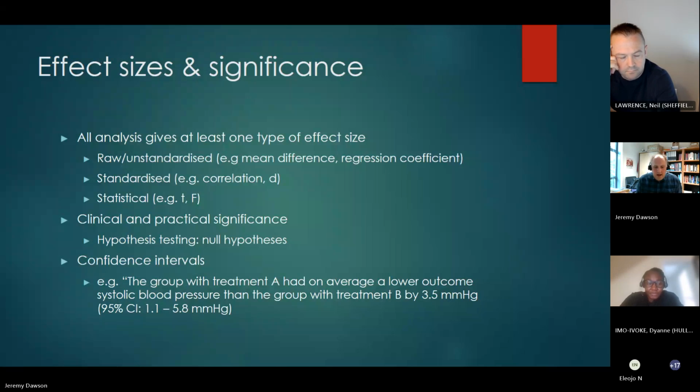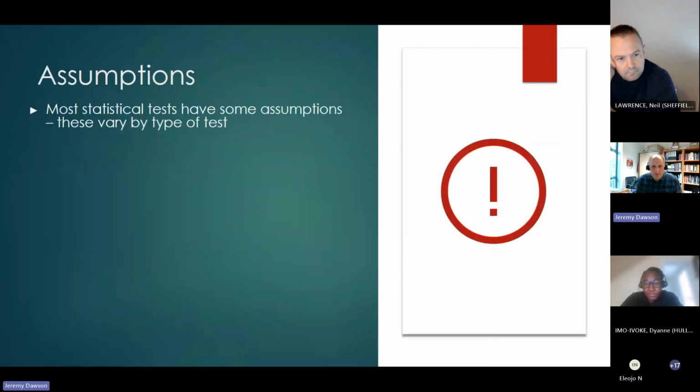Now, in the survey that Neil sent around, I think some people were asking for a little bit of information about the assumptions behind tests. Because this is also a really important thing to understand if you're trying to evaluate whether a test, particular method of analysis, was important.